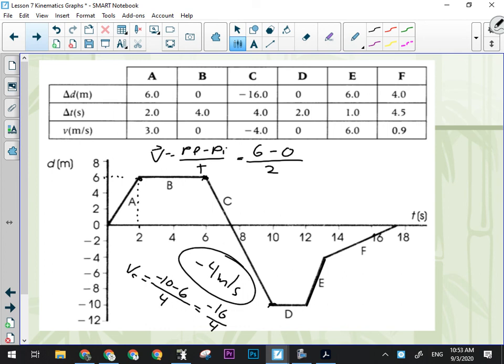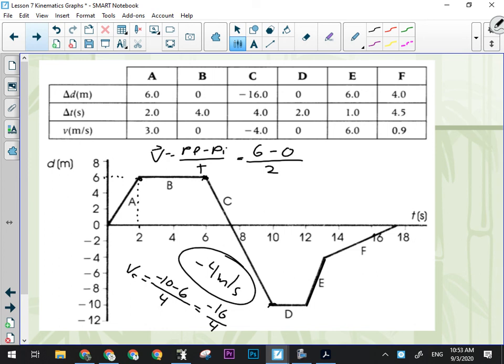What's going on in part D? It's stopped. Yeah, the position is not changing during part D. It's at a position of negative 10 meters for another 2 seconds. Okay, where is the object going faster? E or F? E. How do I know it's going faster in E?